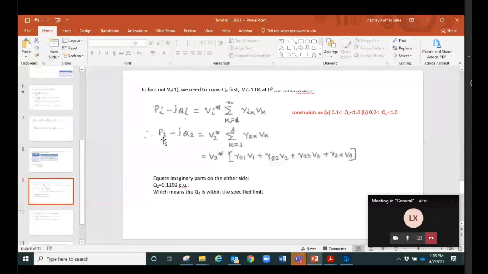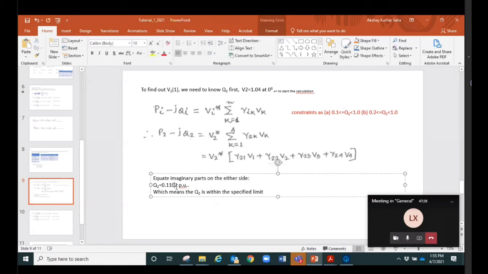For i equal to 2, we put it there, and then we expand this equation. We put all the values of admittances and voltages, then we find out the value of Q2, and then we look back at the constraint, which is between 0.1 and 1.0, and we find that it is within the limit. So we carry on using Q2 as 0.1102.